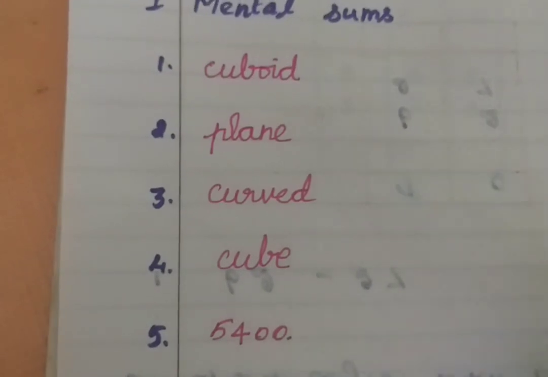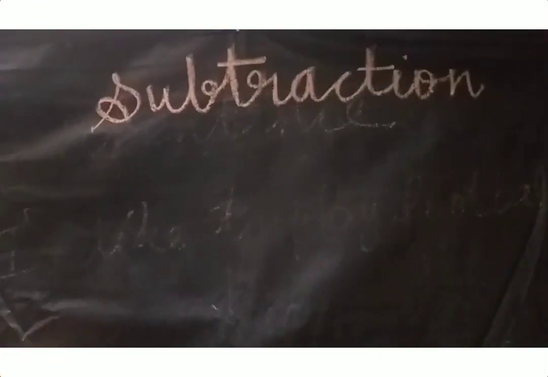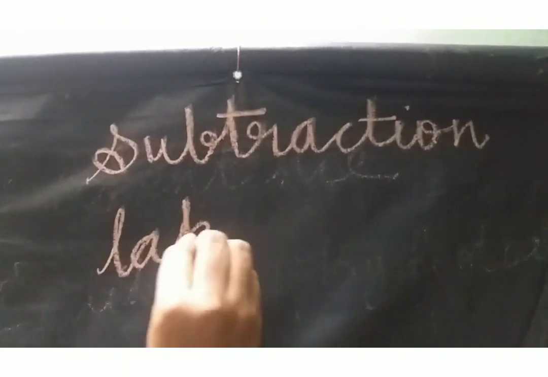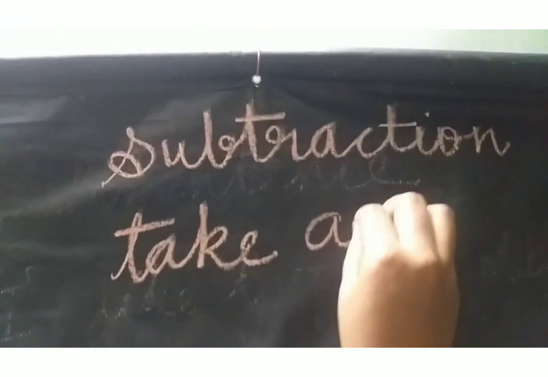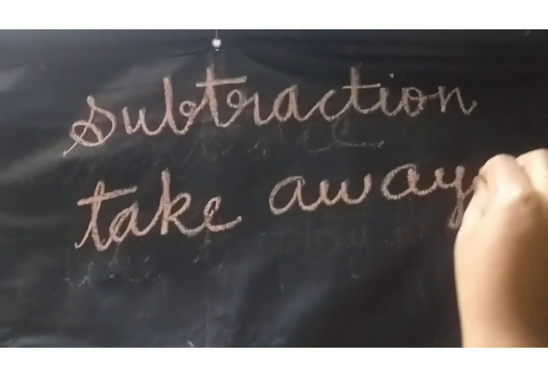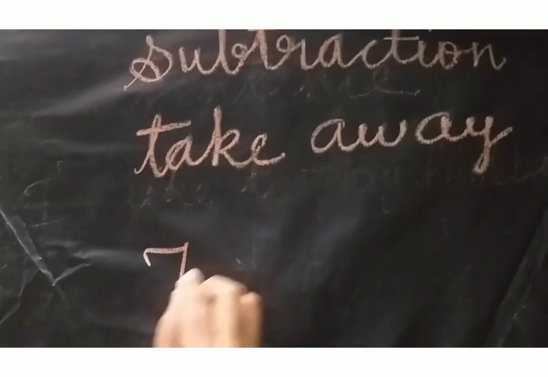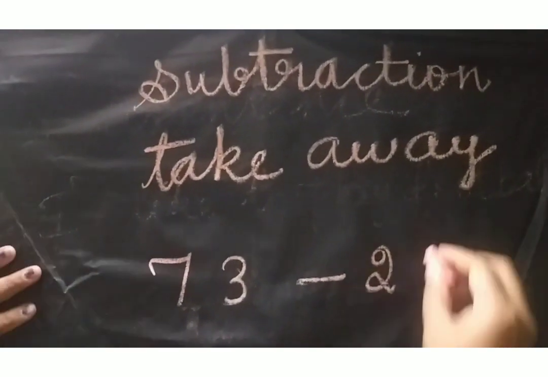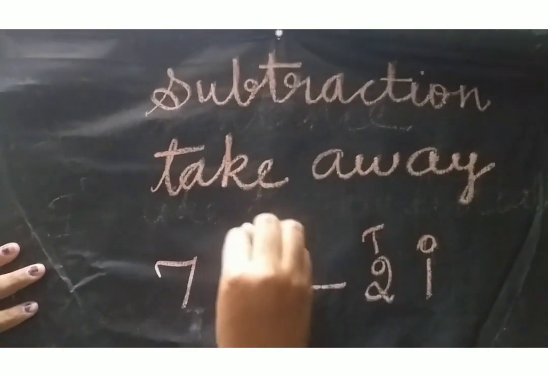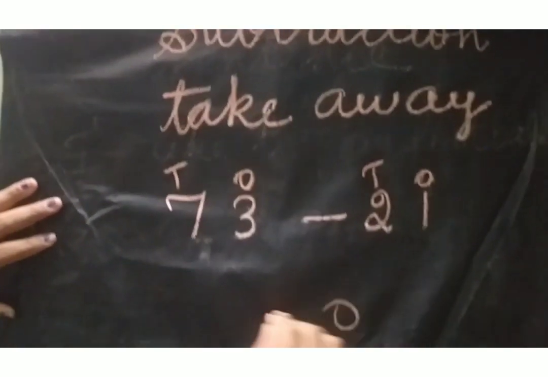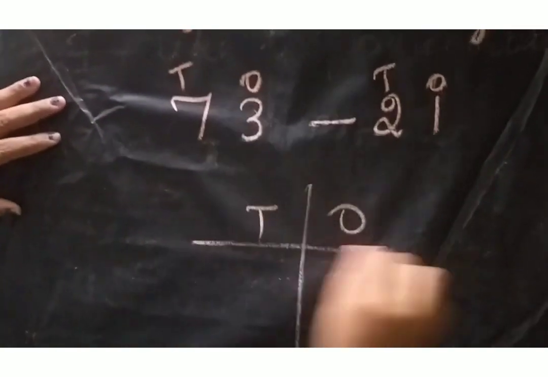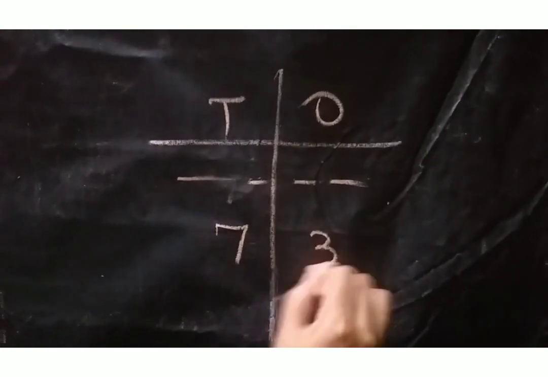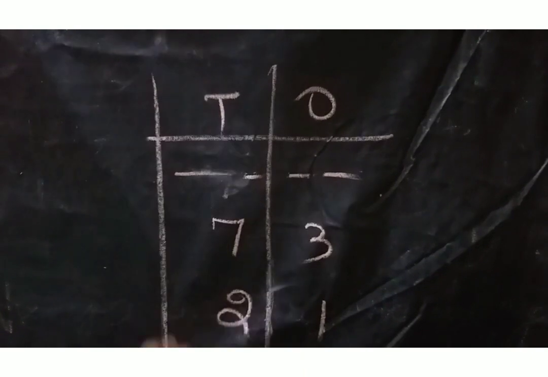How many of you got full marks? It's very good, students. Students, what is subtraction? Yes, subtraction is take away. And this is 73 minus 21. Immediately you should write the ones and tens, put the box and the dotted line. 73, 21.